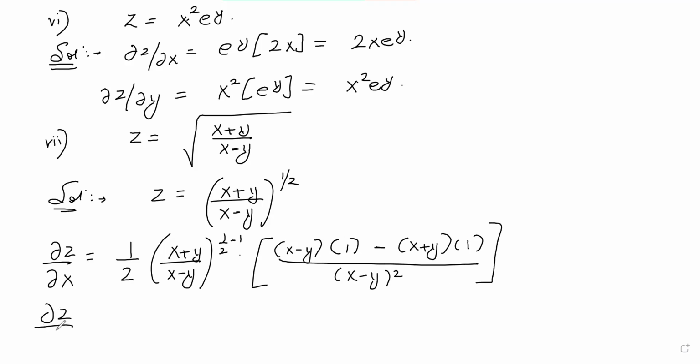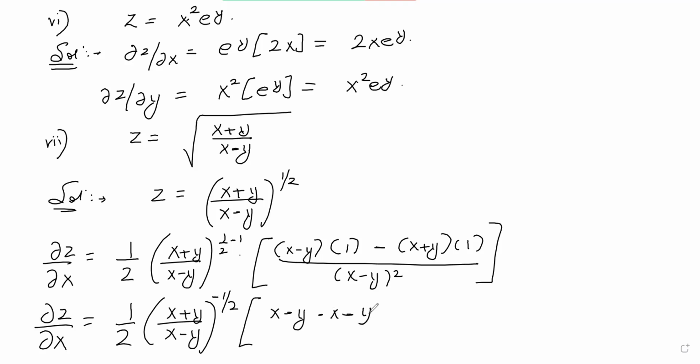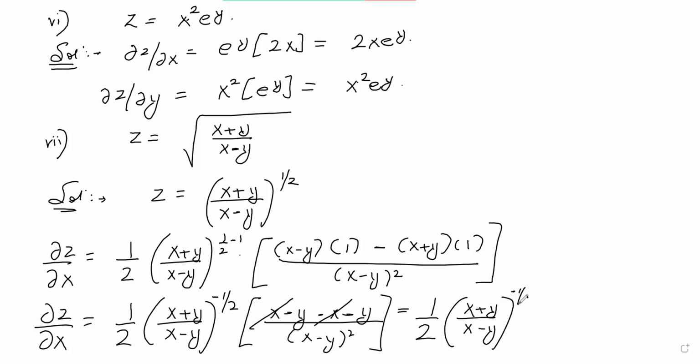So I get del z by del x as half x plus y over x minus y to the power half minus 1, which is minus half, times x minus y minus x minus y over x minus y square. X and minus x cancel out. I get half times x plus y over x minus y to the power minus half times minus y makes it minus 2y over x minus y square. 2 and 2 cancel out here.